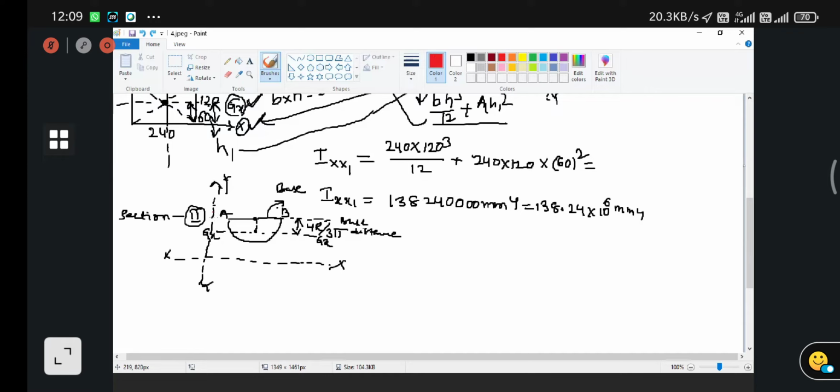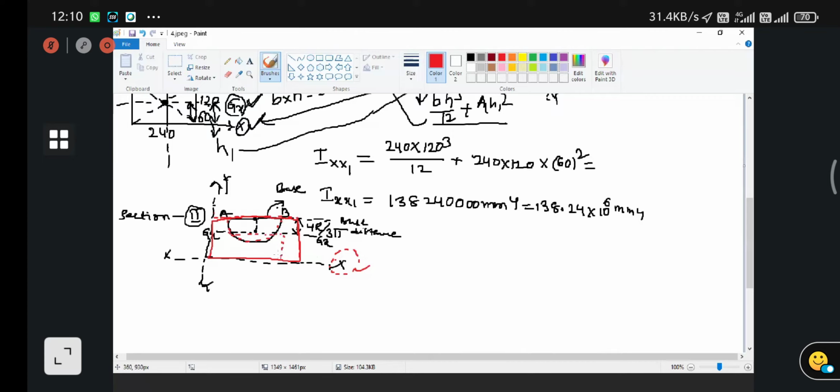So from this rectangle, I am going to subtract this portion. I want to find the moment of inertia about its base axis only. This base axis is at a certain distance from its own central axis.